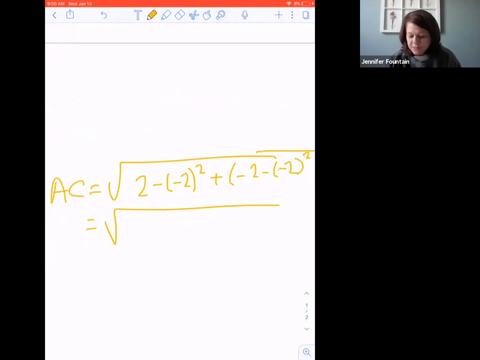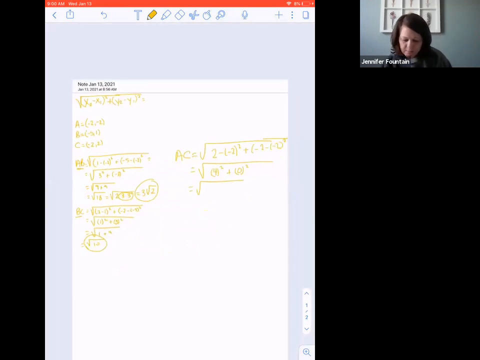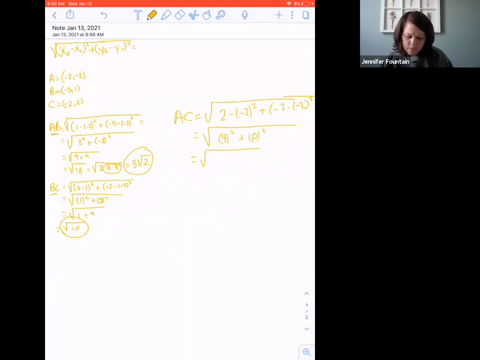So 2 minus a -2 is going to be 2 plus 2, which is 4 squared, plus -2 minus a -2 is going to be -2 plus 2. So that's going to be 0 squared. Obviously, 0 squared is 0. So then when I say, where did I mess up here? Did I get my right numbers? -2 minus a -2, -2.